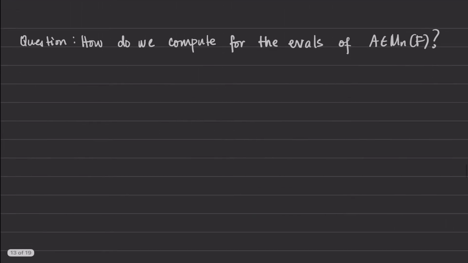So, ang natural na tanong natin, pag binigyan ka ng n by n matrix, how do we compute for the eigenvalues of A? So, ito yung importanteng bagay na kailangan natin tandaan. So, sabi natin, this is an eigenvalue of A. Ito yung definition, nire-recall ko lang.